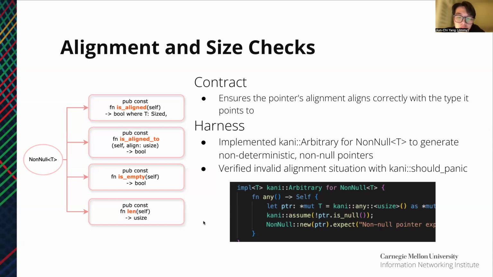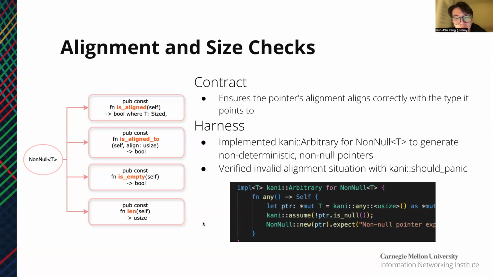So the contract here ensures that the pointer's alignment matches the type it points to, guaranteeing safe memory access. For the harness, we implemented Kani arbitrary for NonNull to generate non-deterministic non-null pointers for testing. This allows us to simulate various scenarios to verify the pointer alignment properties.